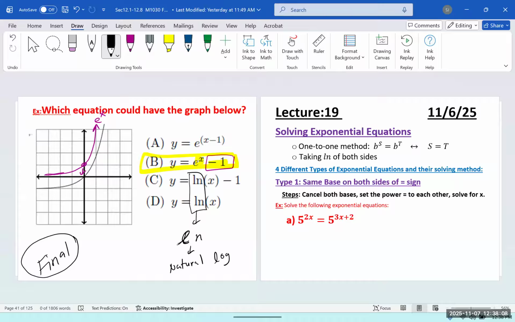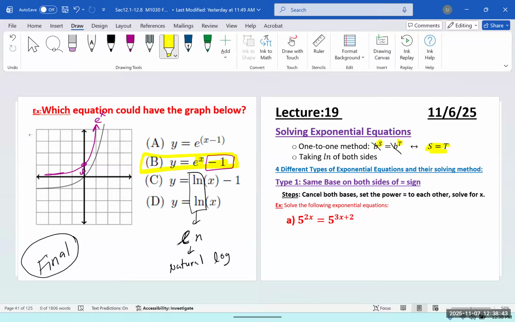So to solve an exponential equation, the concept is that as long as you have the same base on both sides of the equal sign, you're allowed to cancel your bases, and then you set the powers equal to one another and solve from there. That's the main way of solving exponential equations. And then there will be another scenario where we cannot have the same base.